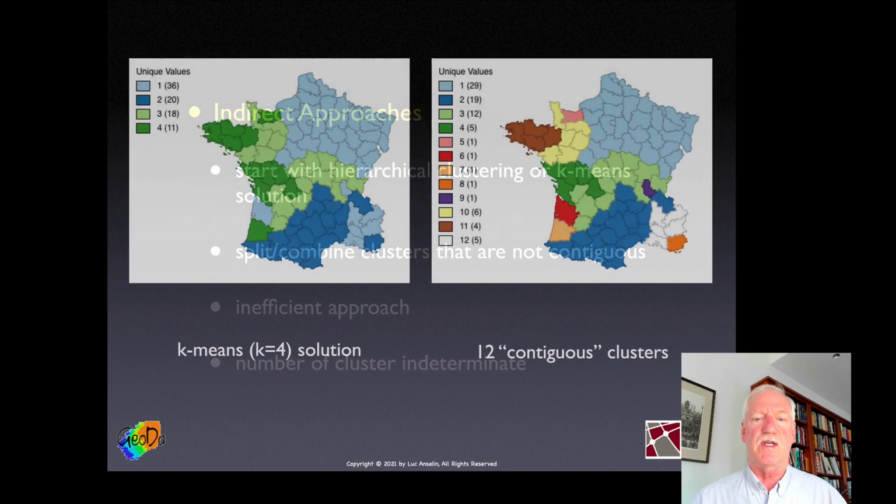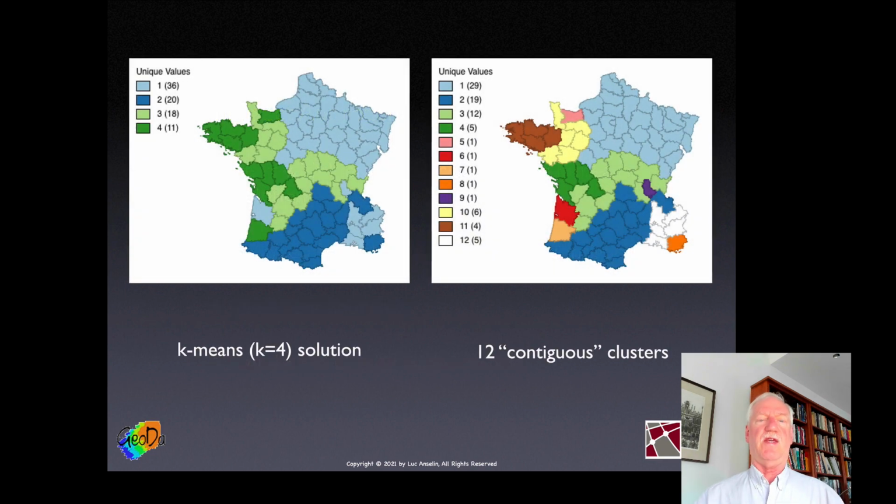In our little Geary example, we have, just to keep it simple, on the left, a k-means with k equal 4 solution. And as we can see, this blue one is kind of sort of contiguous here, but then there's a unit over there. The light blue one, same thing.